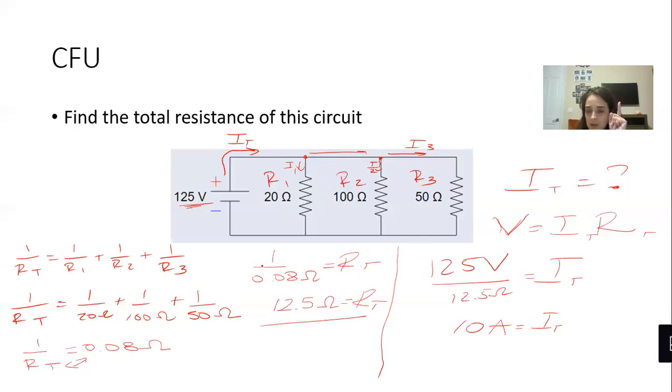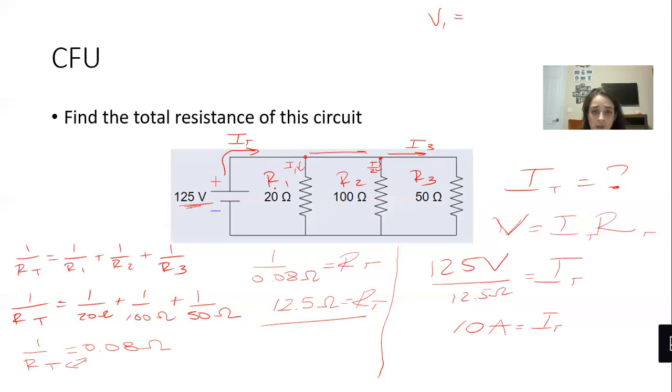Yes, we're going to use Ohm's law again. I'm not going to show how to do all three, but up here at the top, I'm just going to show, for this first resistor, the voltage. We talked about how the voltage in a parallel circuit is the same in every one of these. So the voltage across each resistor is going to be 125 volts.